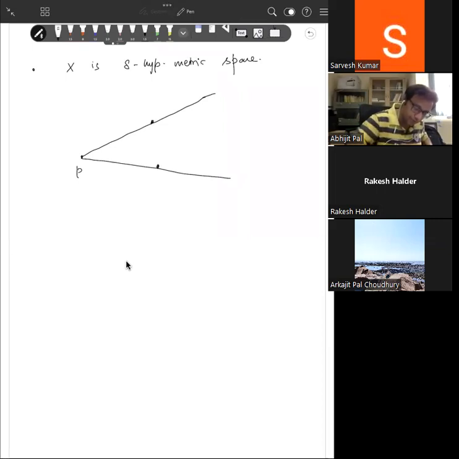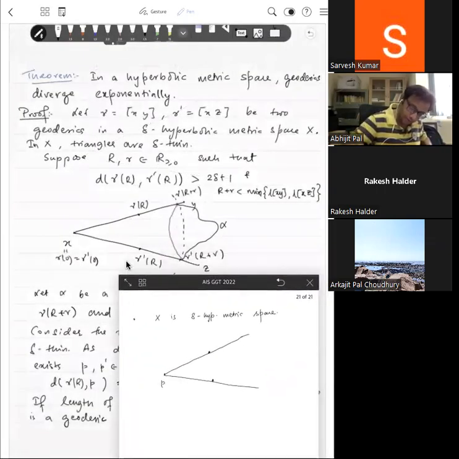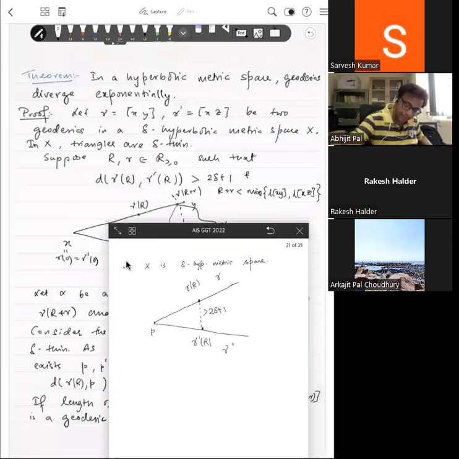So let us assume that there exist two points such that this distance is greater than 2 delta plus 1. I have called these geodesics gamma and gamma prime.